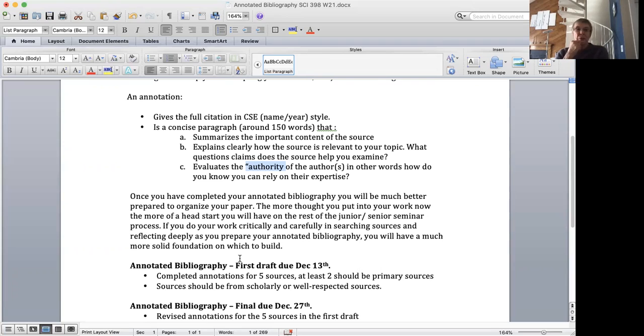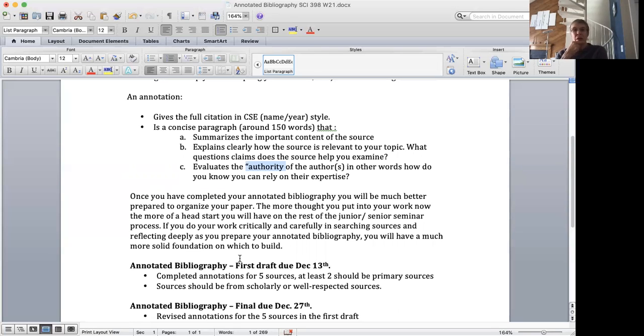The first annotated bibliography is due on Monday, December the 13th. That is a draft, and you get graded on the draft. It should have annotations for 5 articles, and at least 2 should be primary.